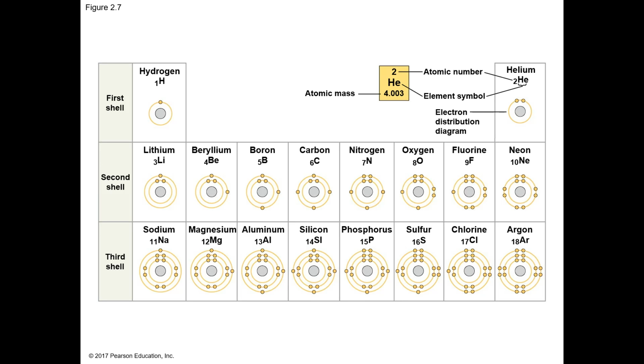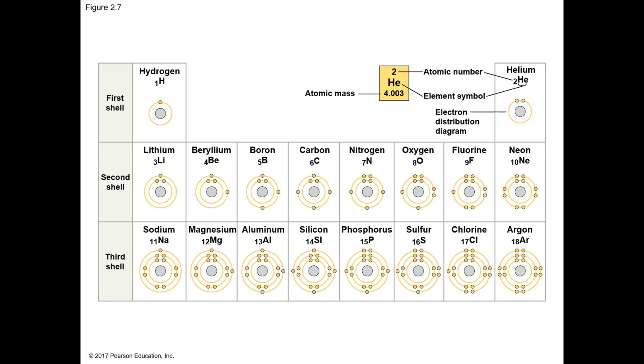So then you start filling that one. The first ring can only contain up to 2 electrons, and then the second ring can contain up to 8. As you see, lithium has 3, 2 in the innermost and 1 in the second. Beryllium at 4 has 2 in the innermost, 2 in the second. Boron at 5 has 2 in the innermost, 3 on the outer, and so on as you go across the row until you get to neon, 2 in the innermost, 8 in the outer, and then we call that a full orbital if it has 8 in the outermost ring, or if it's in the innermost ring, it has 2.